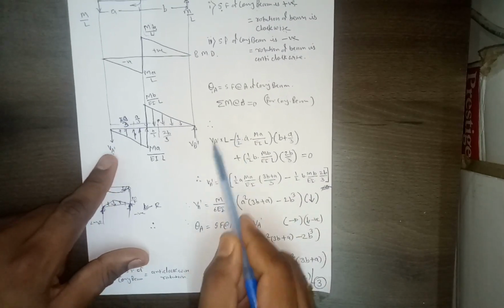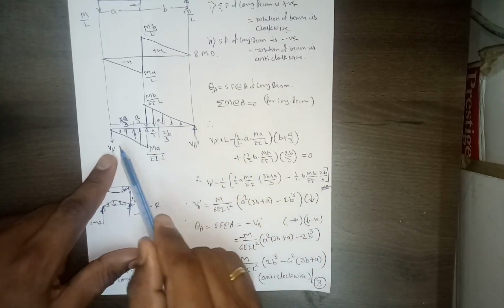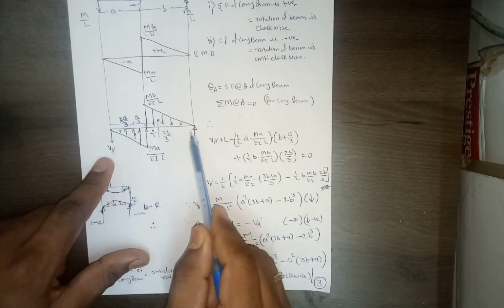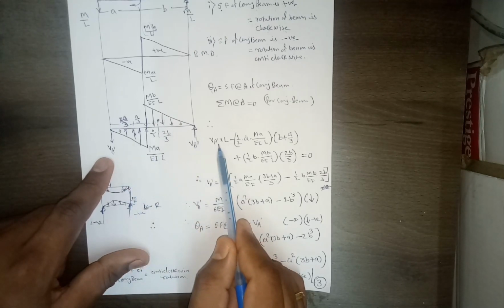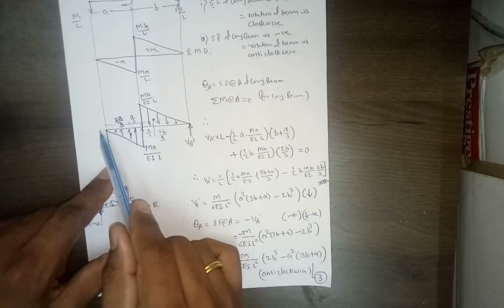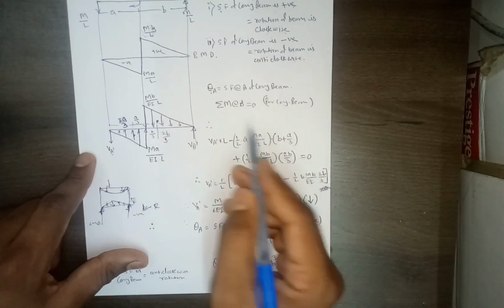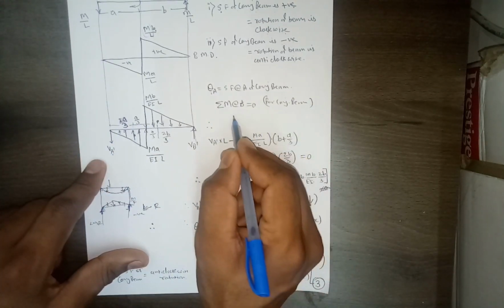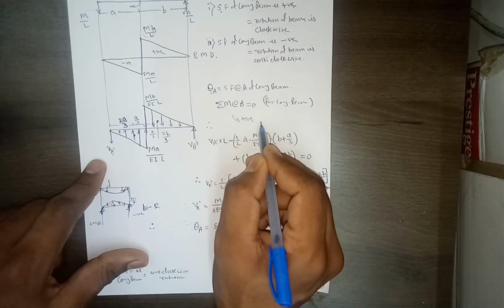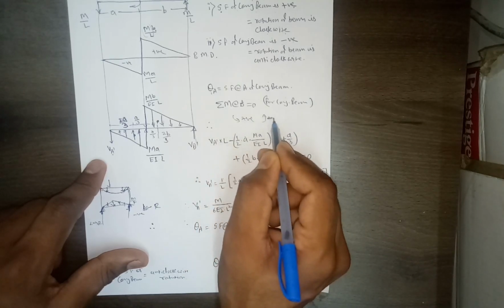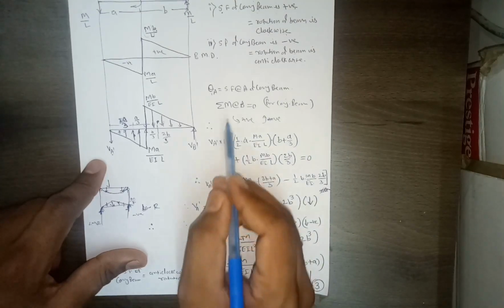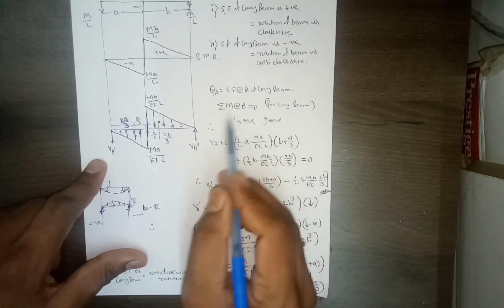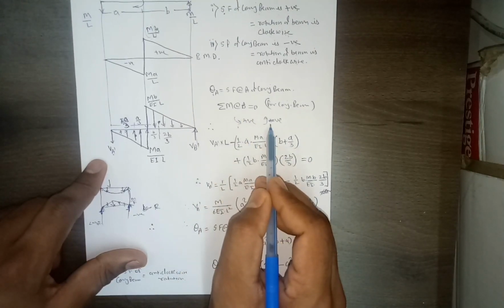to calculate this VA, we will be taking moment about point B. So first, due to VA dash into this L distance, this will cause, like in the case of reaction calculation, we are free to assume any sign convention, but whatever sign convention we assume, we have to follow that. So I am assuming anti-clockwise positive, clockwise negative rotation.